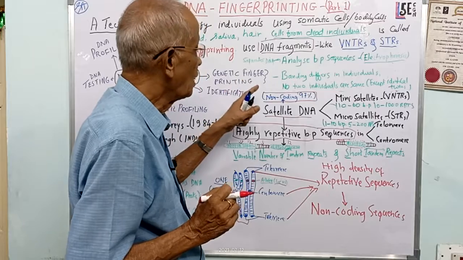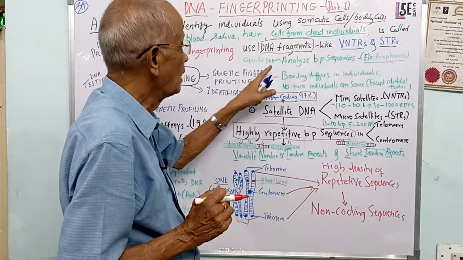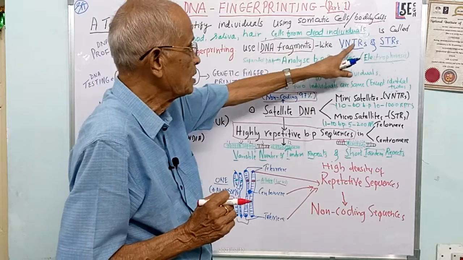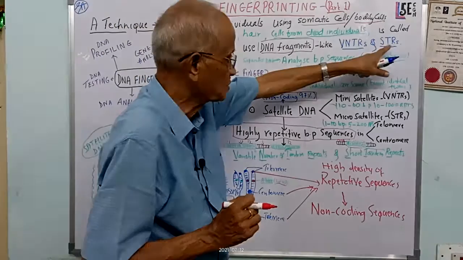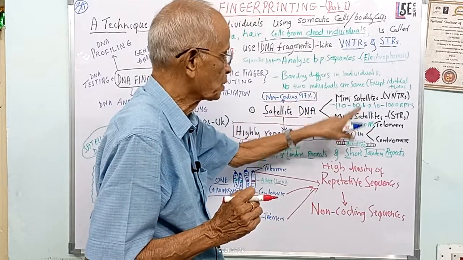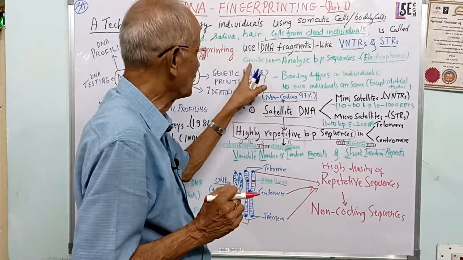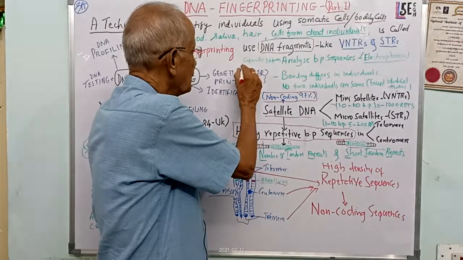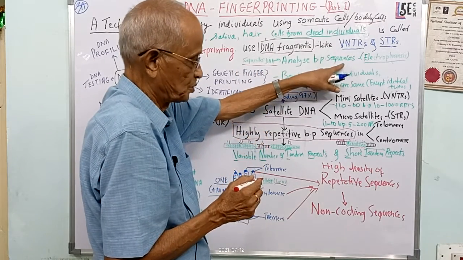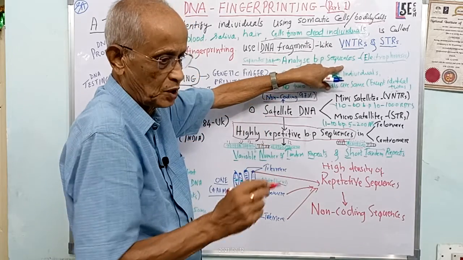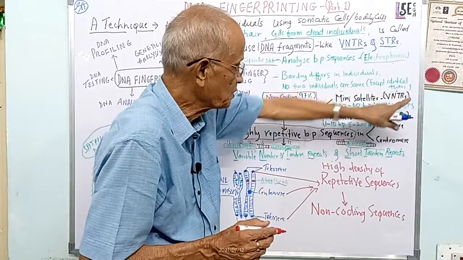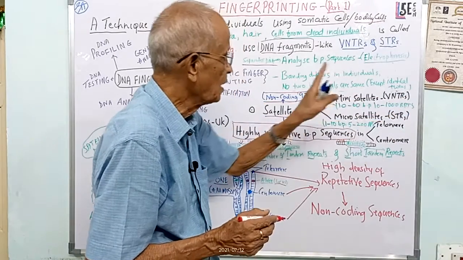And then what they do is take the fragments which contain VNTRs or STRs, that is mini or microsatellites, and they analyze the base sequences, either for VNTRs or for STRs.